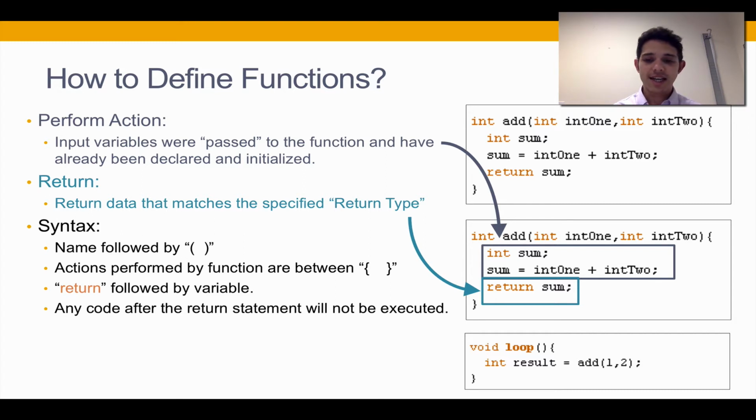The next thing to highlight is the function needs a return statement somewhere to indicate exactly what is being returned in this function. Another interesting aspect is in the Arduino language, no code is run after the return statement. So it also essentially indicates the end of your function.